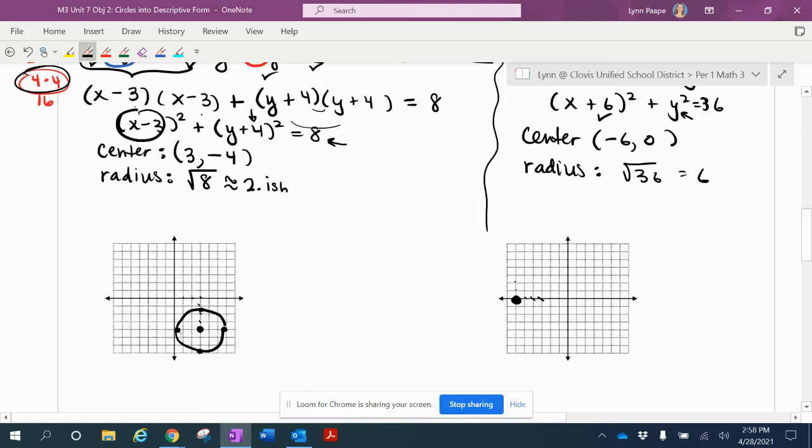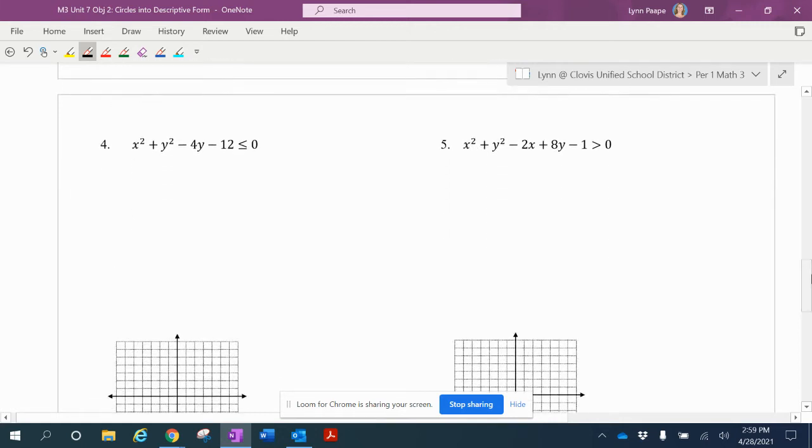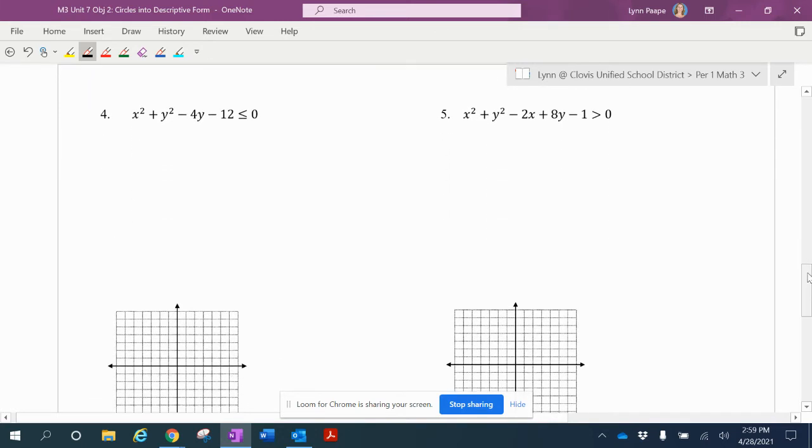So I'm going to go up 6, oops, 3, 4, 5, 6, and then I'm going to go right 6 and down 6 and left 6 and make my beautiful circle.